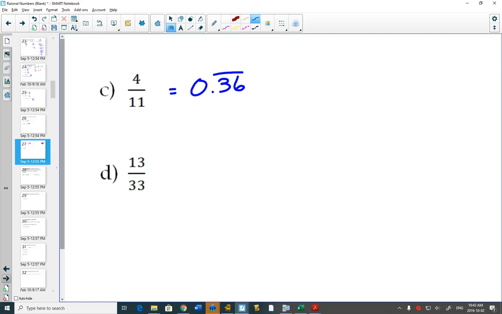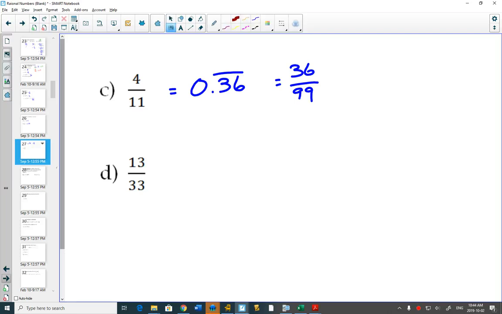So now the question is, how could I have done that without my calculator? If I asked you to do 0.36 repeated to a fraction, what would you tell me? 36 out of 99. How can I get 4 out of 11 to help me get 0.36, now that I know that it's equal to 36 out of 99?